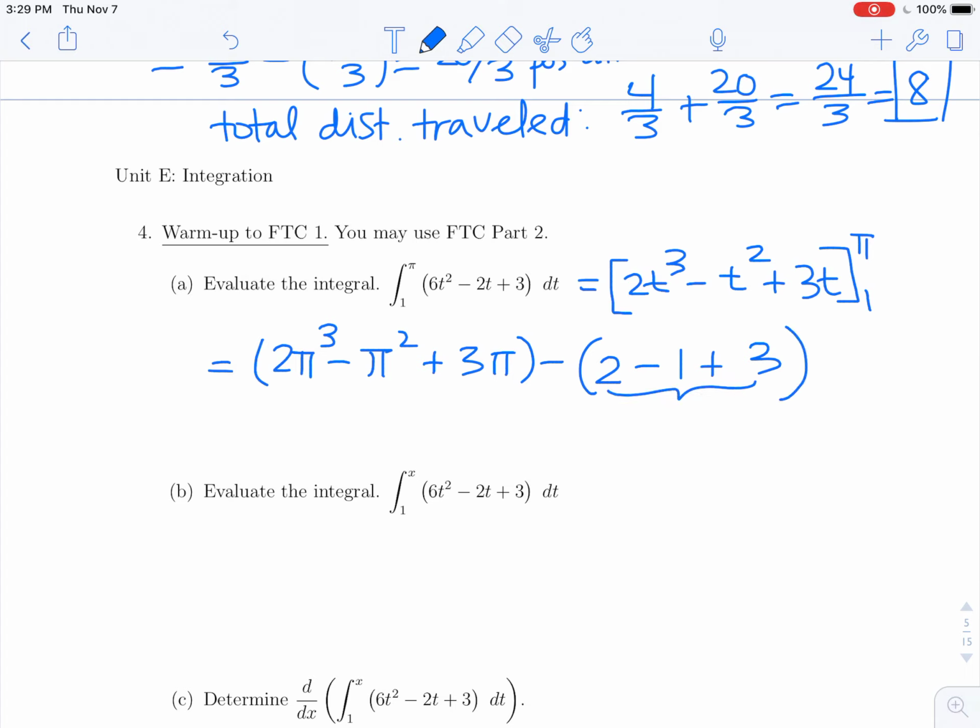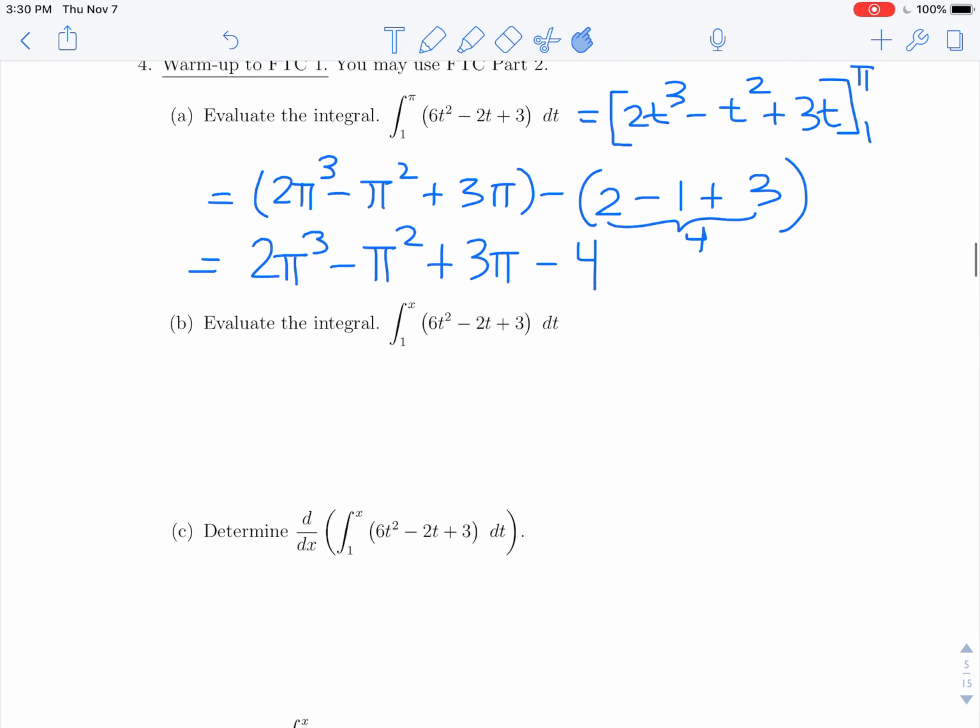So let's see, all of this is 4. So we've got 2 pi cubed minus pi squared plus 3 pi, and then minus 4. So that's part A.